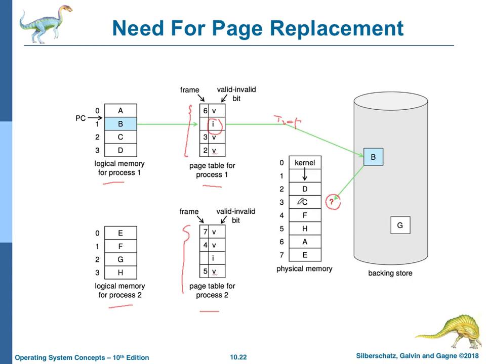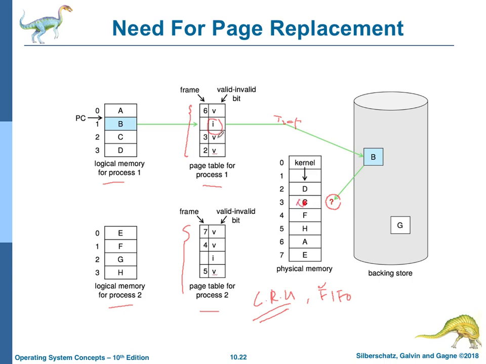To handle this, we have page replacement. We have several page replacement algorithms, like least recently used, and we also have FIFO, where we eliminate the first-in page from the memory, and then we can free up some space to allocate this. While least recently used is more commonly used in page replacement algorithms, for example, let's say C is not used in recent times, then this will be removed.